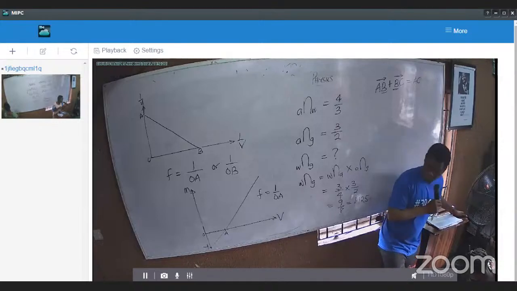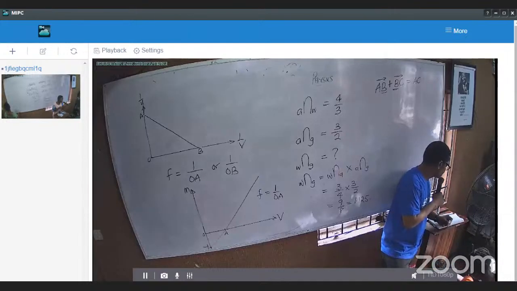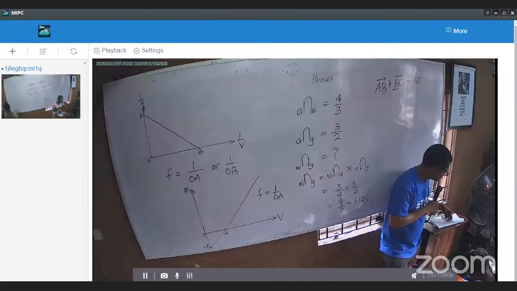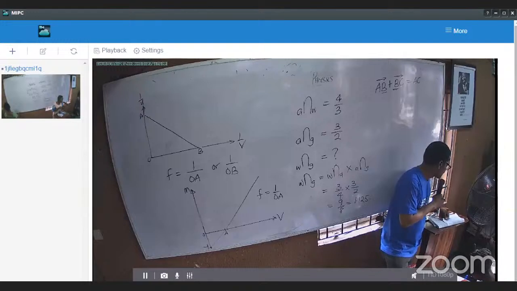Classwork. An object is placed 10 centimeter from a converging lens of focal length 15 centimeter.